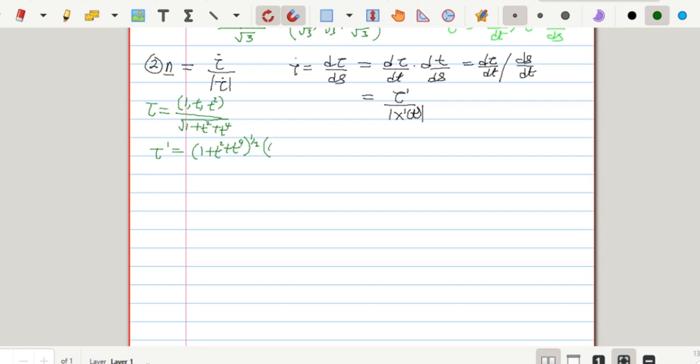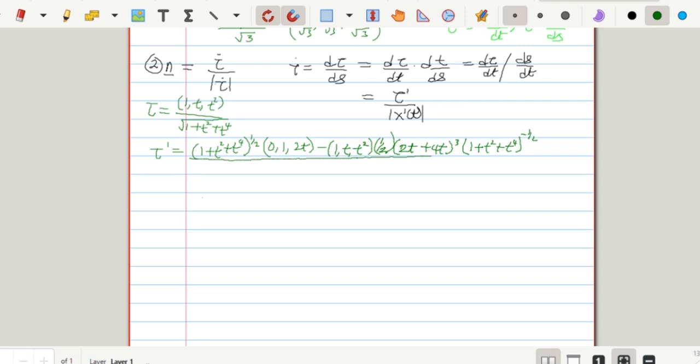Differentiate the numerator, we are going to have (0, 1, 2t) minus, and keeping the numerator constant, we are going to have (1, t squared) into 1 over 2 into 2t plus 4t cubed into 1 plus t squared plus t raised to the power 4, all raised to the power minus 1 over 2.